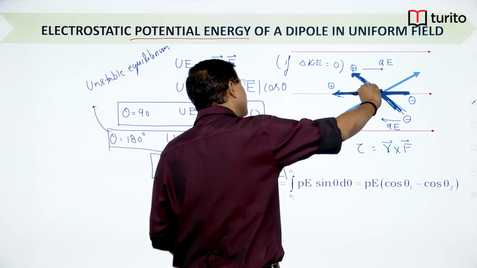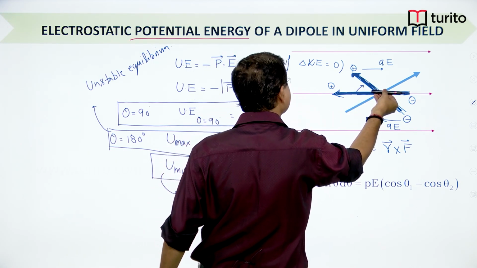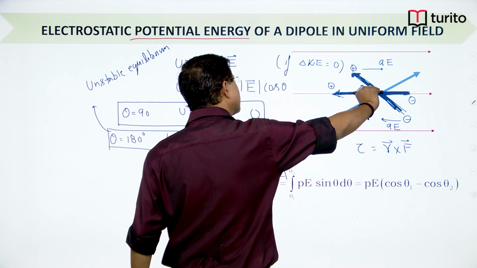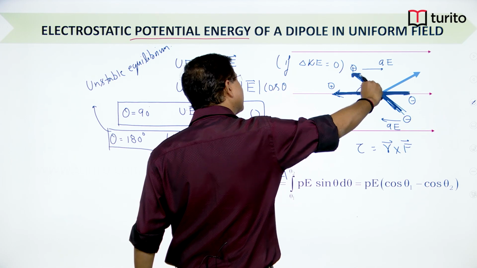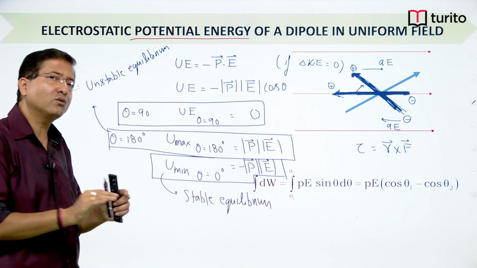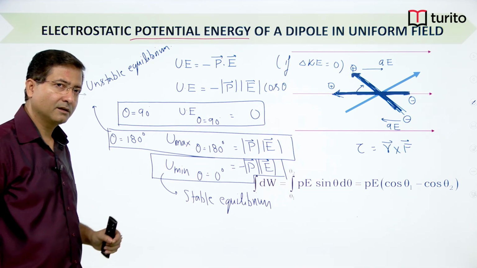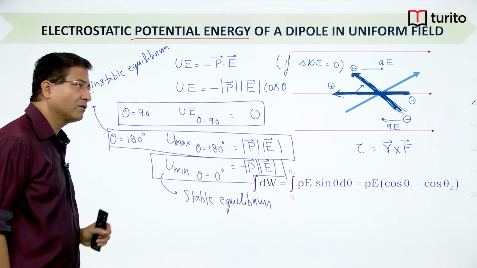So you disturb the equilibrium, you rotate it slightly, and when you release it, it will become like this. So it has no tendency to get back to its initial position. That is why it is called unstable equilibrium.